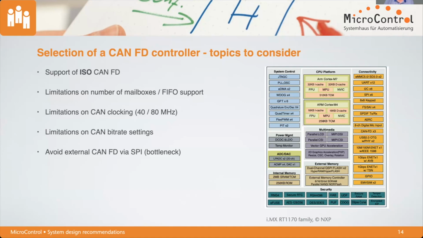If you want to run a CANopen manager, maybe under Linux, and you hook up a CAN-FD controller via SPI to a CPU running Linux, and you want to run full speed with CAN-FD, don't be surprised that you don't get 100% bus load. It's not available because SPI is a bottleneck for CAN-FD.